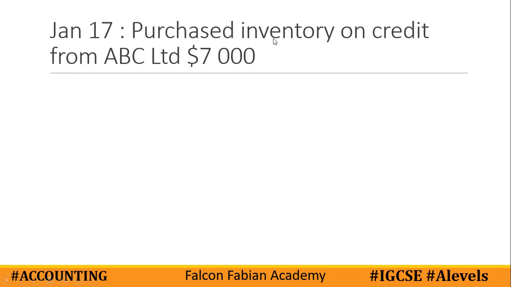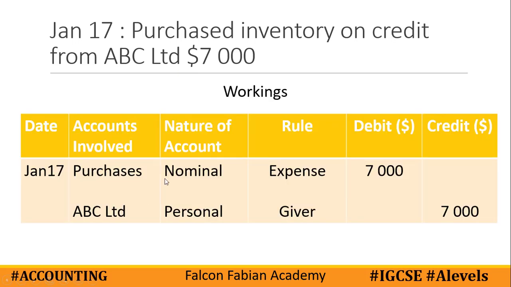So the two accounts involved are purchases and ABC Limited. Now let's do the workings. So we would continue to do the workings in the same table where we had done the workings for the previous transaction. So you would leave a line and then you would do the workings for this transaction.